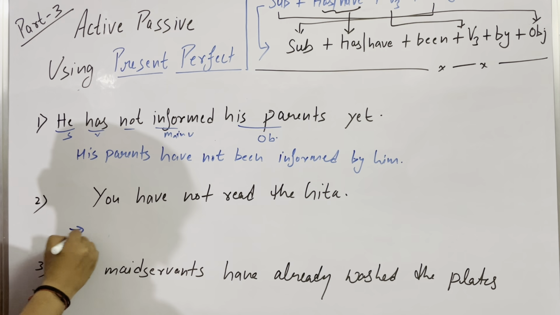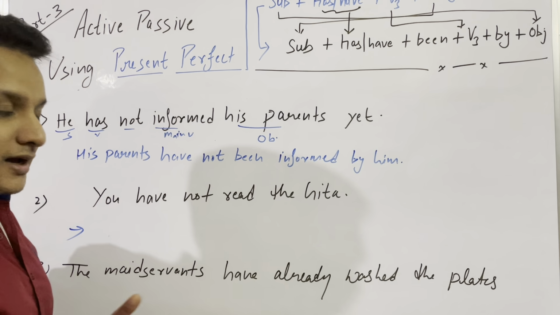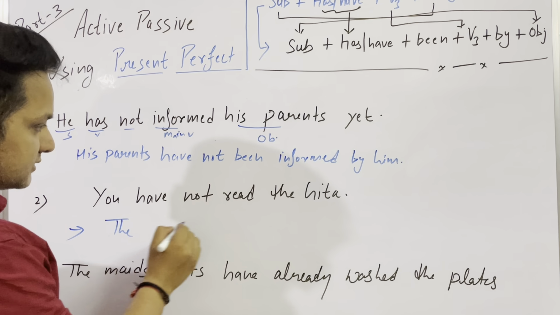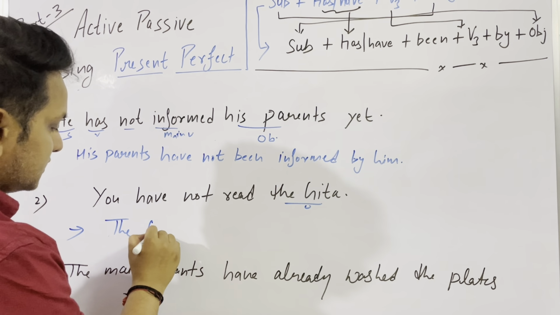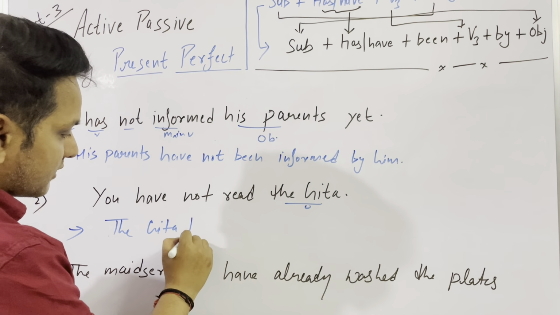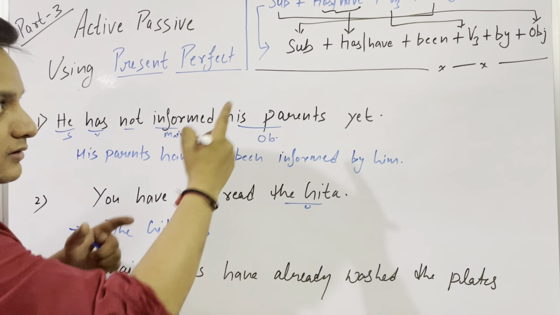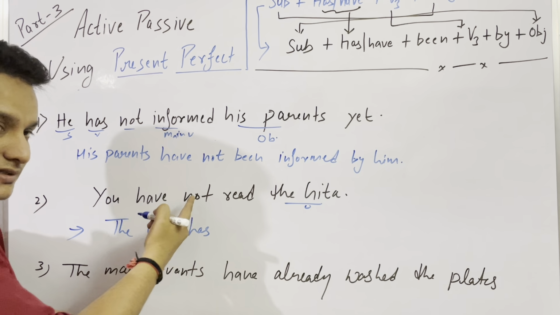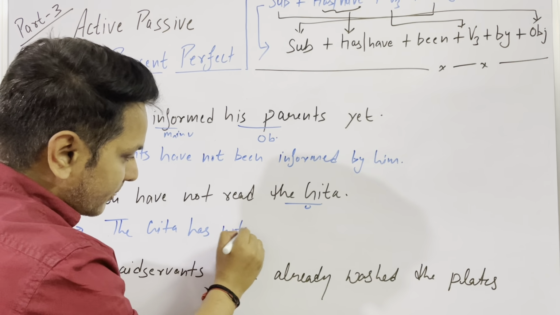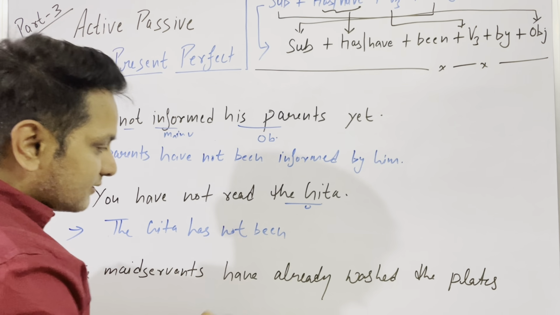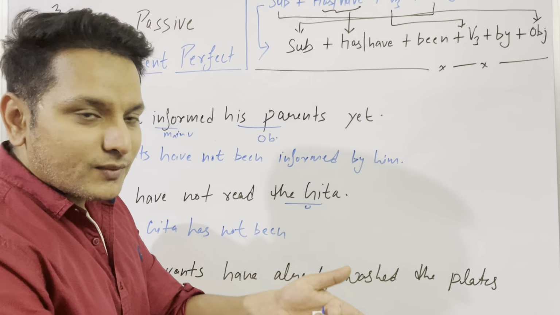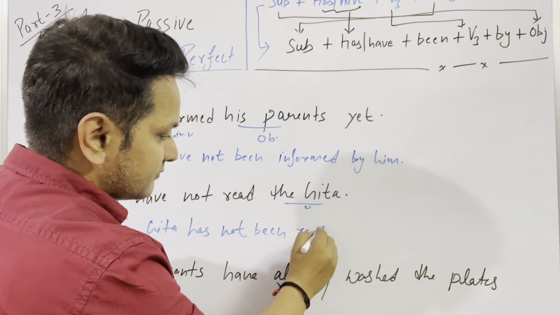Another negative sentence. You have not read the Gita. The Gita is the object. The Gita, singular, has. We will not be writing been directly because not is there. Has not. Then we'll be writing been. Has not been read. The spelling is the same, this is the V3.